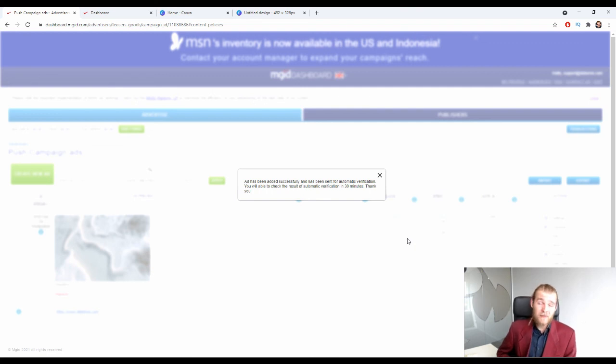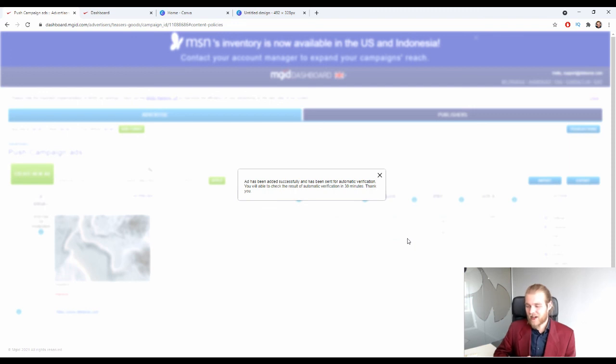Of course, there might be some specific situations where the automatic verification gives a red flag or whatever, and somebody needs to look at your ads manually. But in general, it's very nice to have this automatic verification, which brings a lot of speed with it. So basically, we can launch our campaign with just maybe 1 or 2 hours in total, from start of the campaign creation to all the way the end of the approval and receiving the first data.